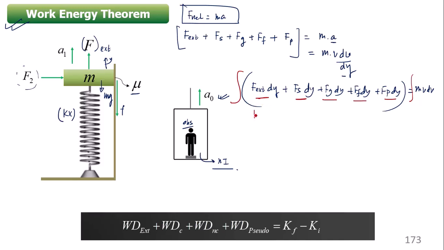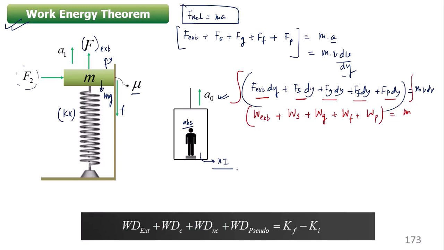So here I am writing the work done by the external force, plus the work done by the spring force, plus the work done by the gravity force, plus the work done by the friction force, plus the work done by the pseudo force, that equals m times the integration of v dv.